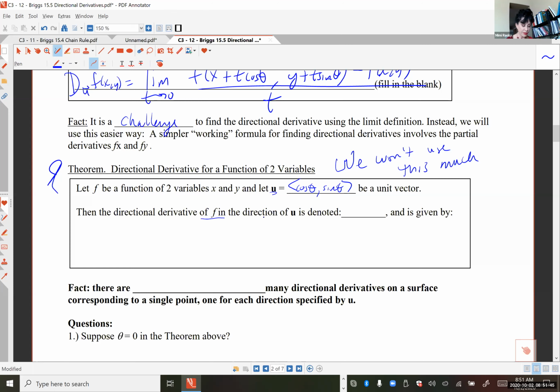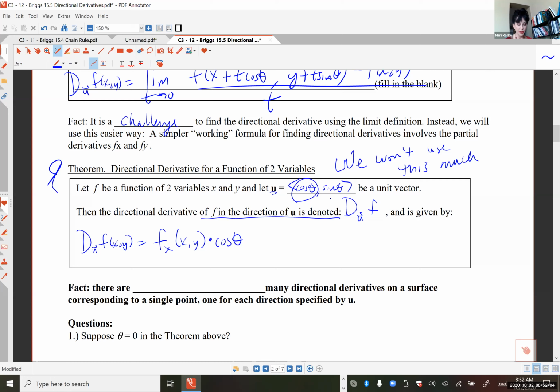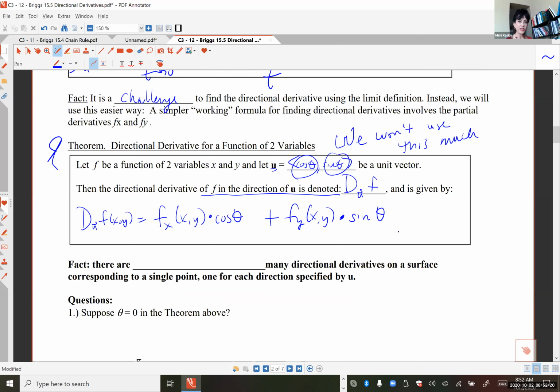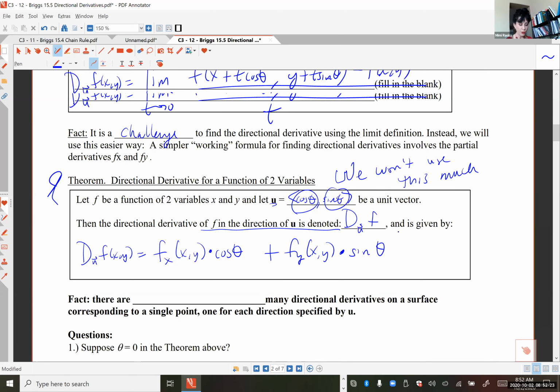Then the directional derivative of f in the direction of u is denoted big D_u f, and it's given by: D_u f(x, y) is you find the partial of your function with respect to x, and you multiply it with the first component of your unit vector, plus you find the first partial of your function with respect to y, and you multiply that by the second component of your unit vector. Boom, and there it is. There's your directional derivative. Now, when you're standing on the mountain, let's go back to the picture.